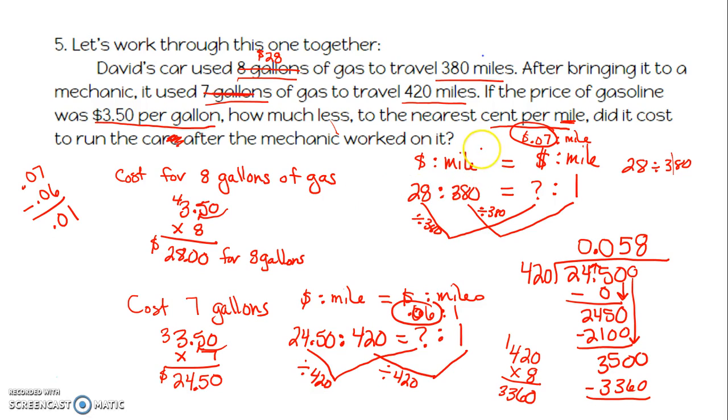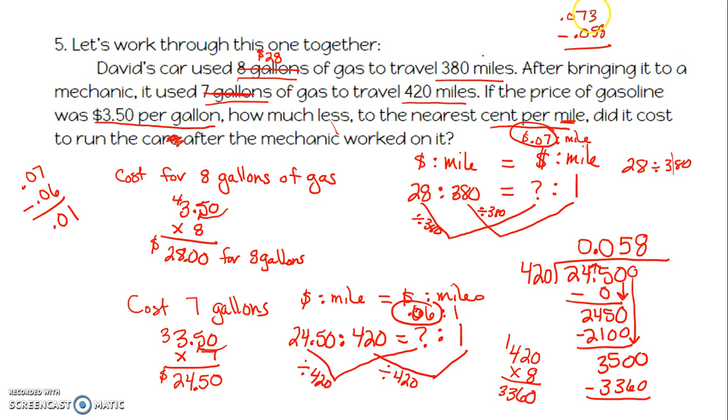Now, mind you, if the teachers don't have you round first, they want you to wait and round at the end, the answer could be a little bit different. Let me just check something. 0.073 minus 0.058. Before I round, I think there was a 3 at the end here. I hope I'm right.